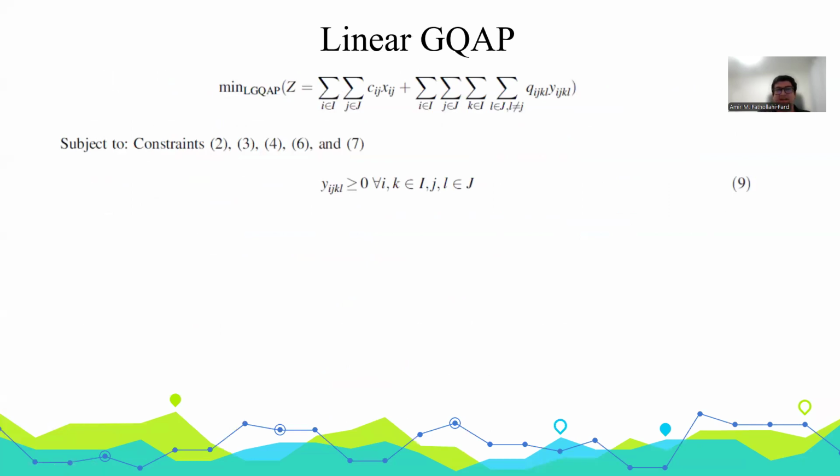Based on this, we have a linear generalized quadratic assignment problem, which is taken from my paper, where the objective is the same as before.